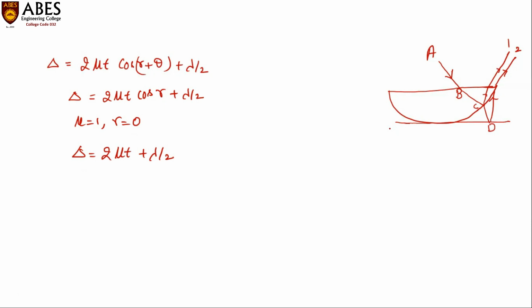For the nth maximum ring, we have 2 mu t plus lambda by 2 is equal to n lambda.